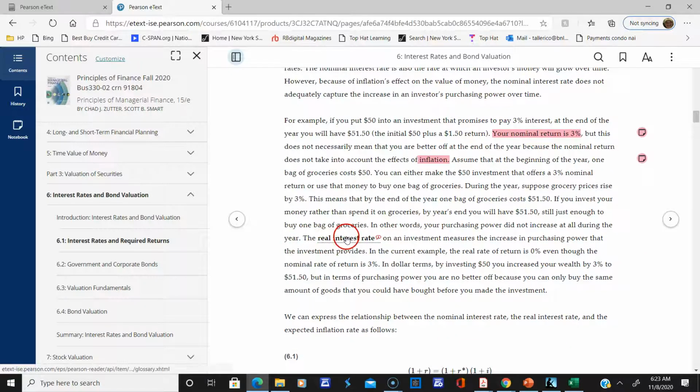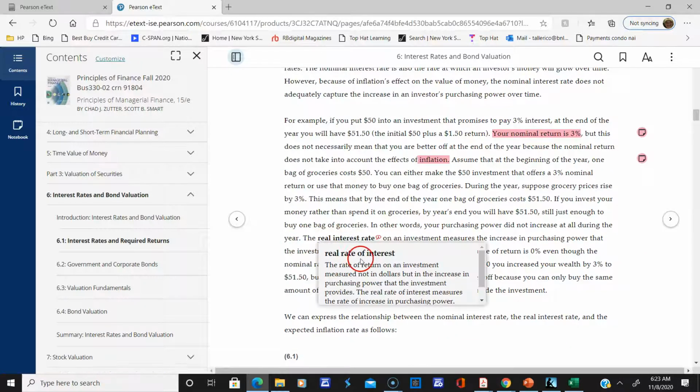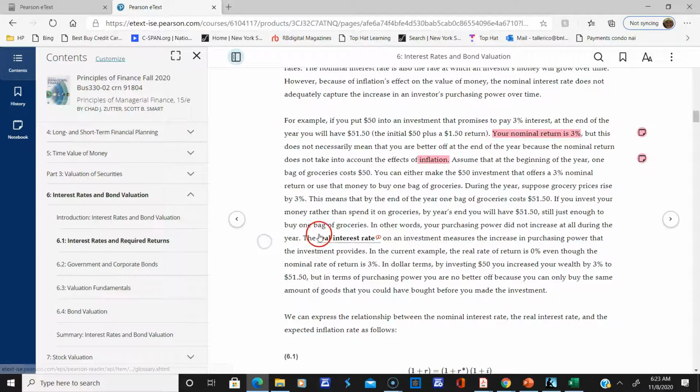Now, let's talk about the real rate of interest. This is the rate of return on an investment measured not in dollars, but in the increase in purchasing power that the investment provides. So this measures the rate of increase in purchasing power, okay? So that's important.